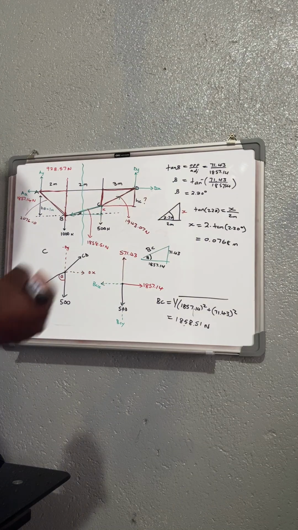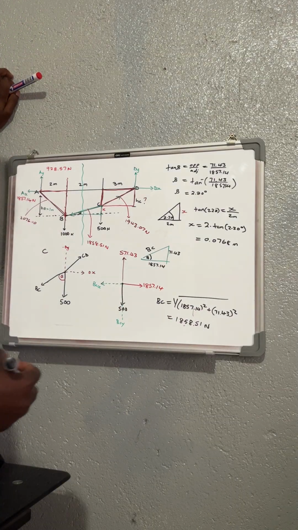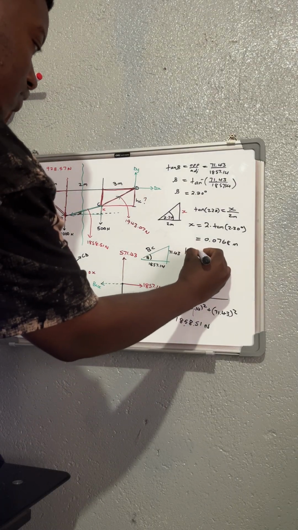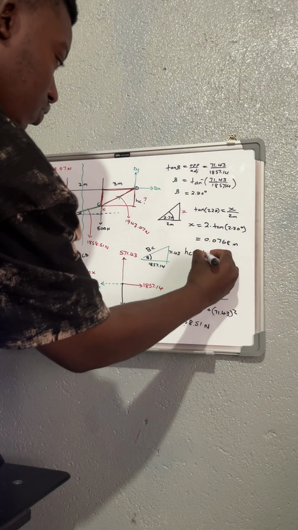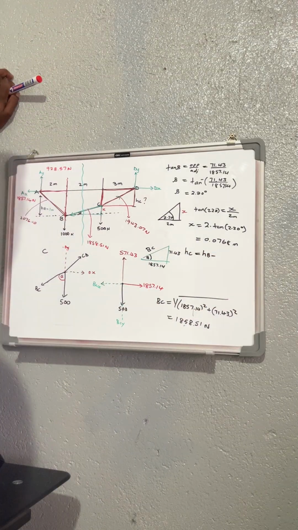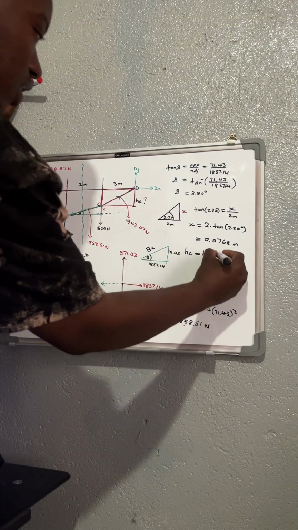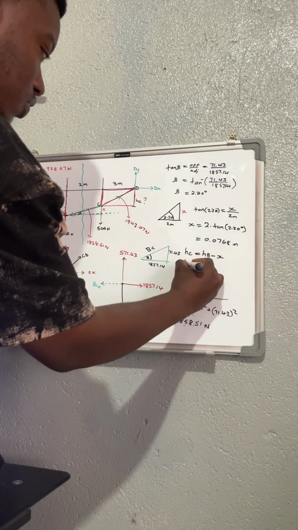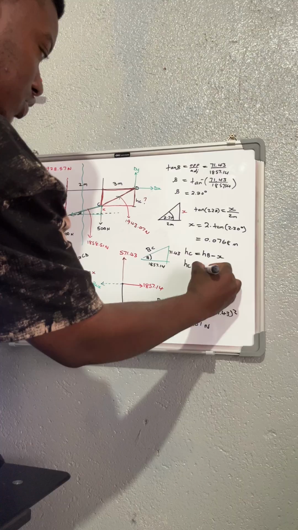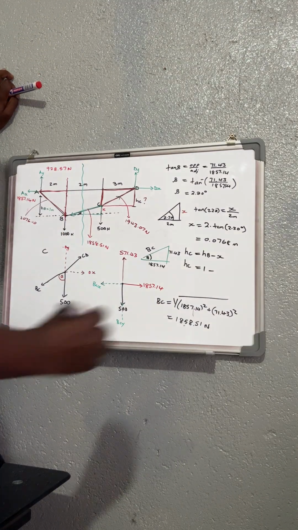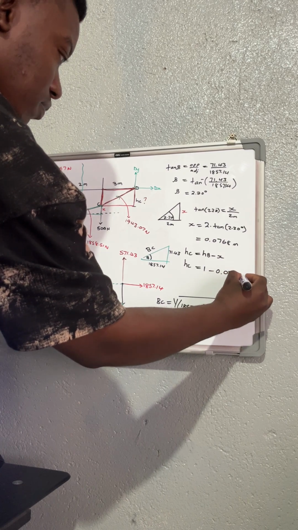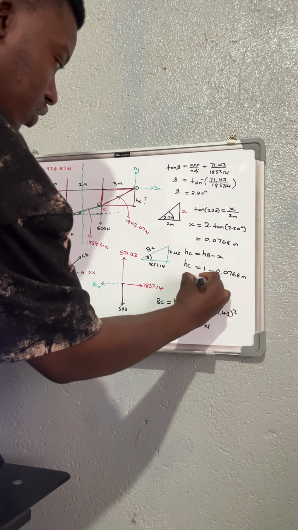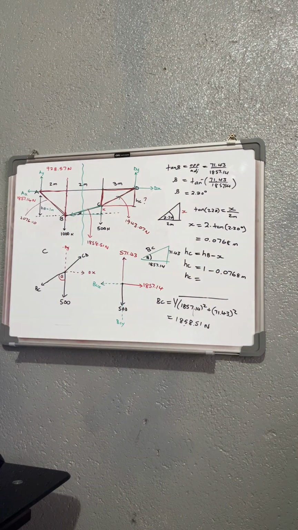You can conclude that in order to find HC, I will say I have my HB, which is my overall, minus the x that you have this side. So you can say your HC will be equal to your HB, which is 1, minus 0.0768 meter. Then you're going to get that final value for your HC.